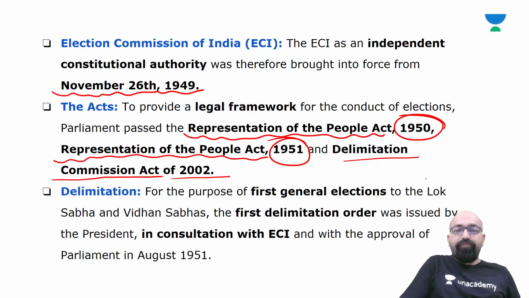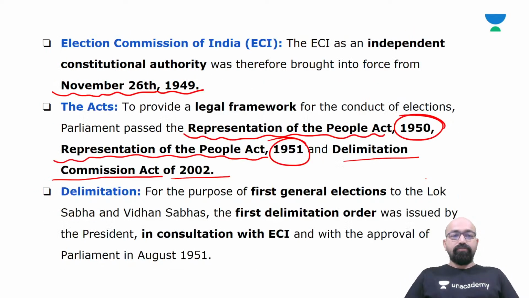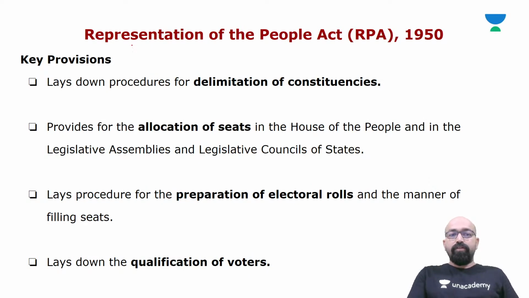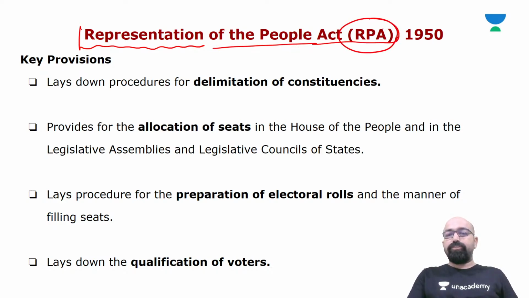So now we'll see a few related terms: delimitation, the Acts, and the Election Commission of India. Now, the Representation of the People Act, RPA 1950, we'll see in detail. This Act lays down procedures for delimitation of constituencies.